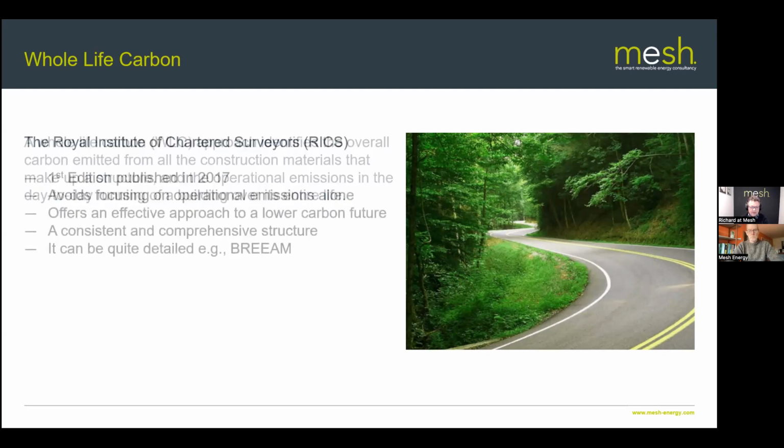And so it includes everything, including transportation, water usage, energy consumption and generation. So it's much more encompassing than just the building regs alone.